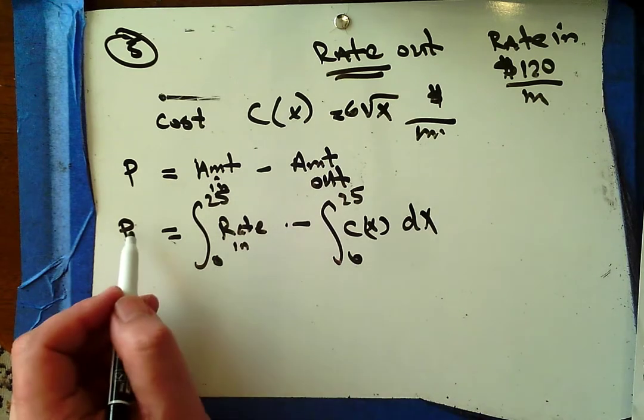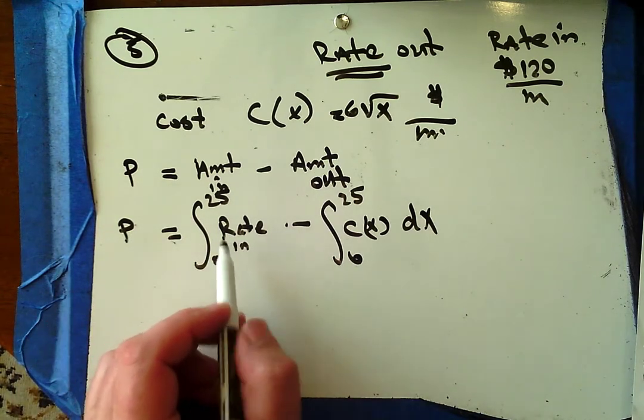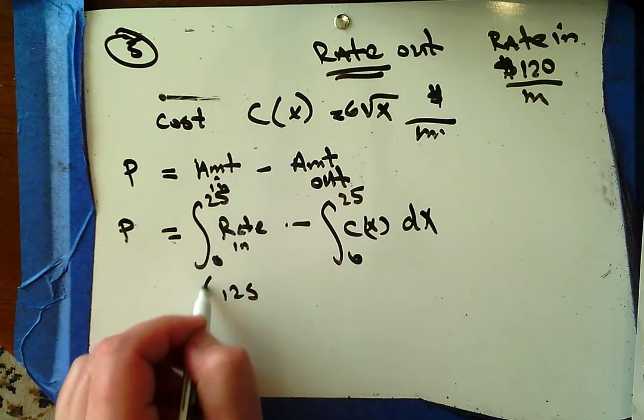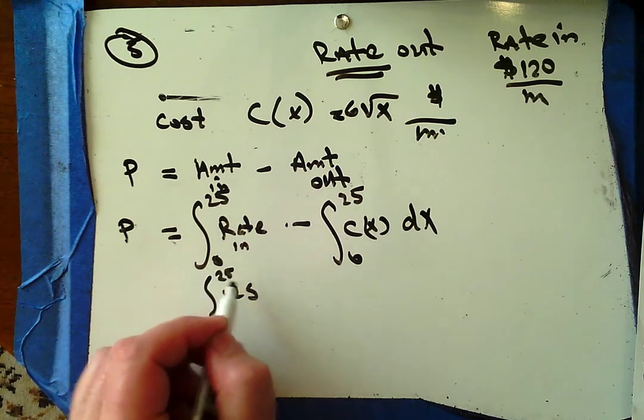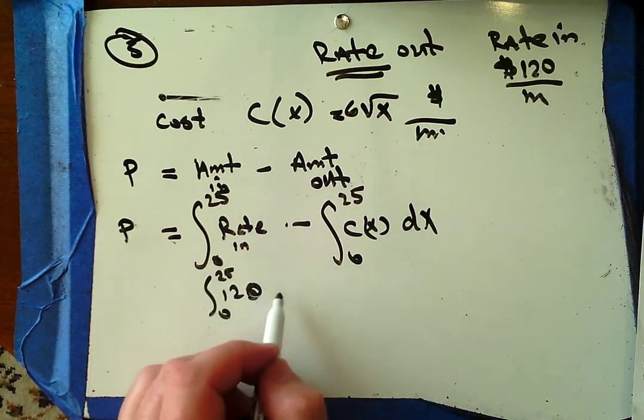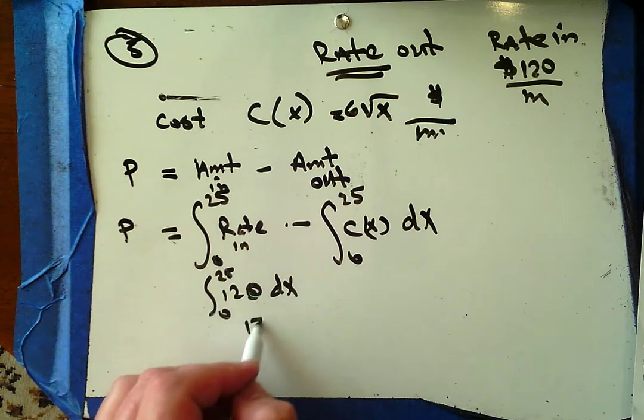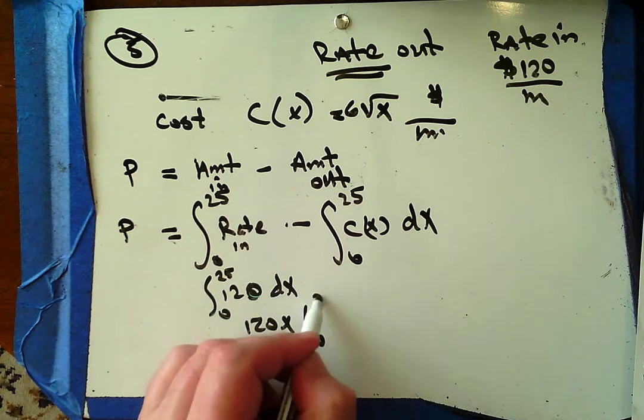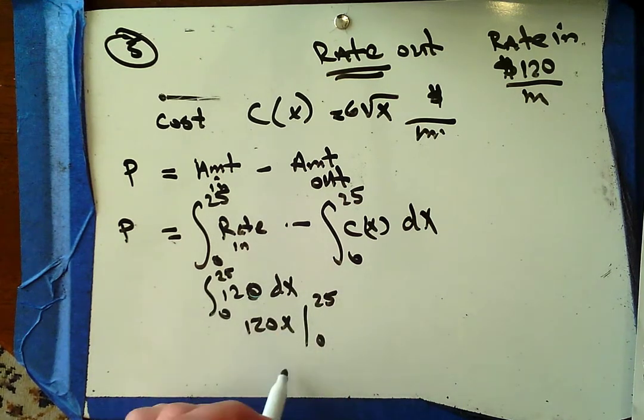So after this setup, I'm not going to try and put in 120 here, 0 to 25, and then say, okay, I know the antiderivative of this is 120x from 0 to 25. I'm not going to do this stuff.